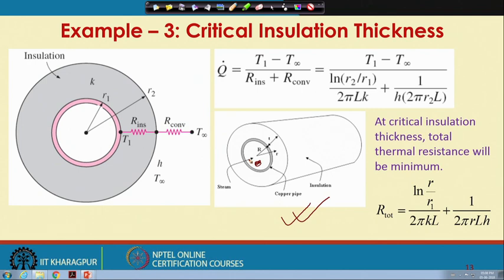Now, as you go on increasing the insulation, the resistance increases. The thermal resistance due to heat conduction increases, but at the same time the thermal resistance due to heat convection may decrease due to increase in heat transfer area.